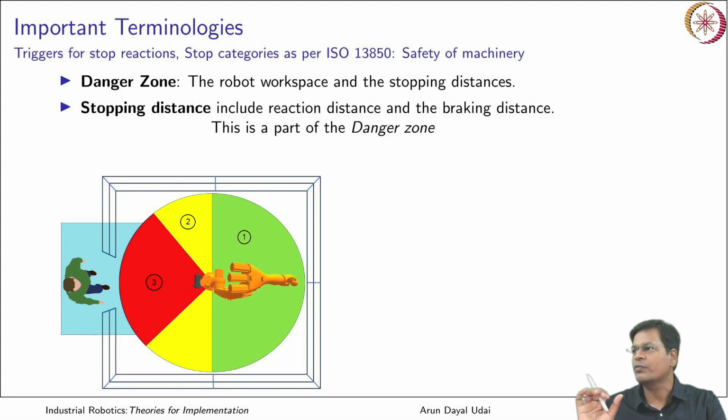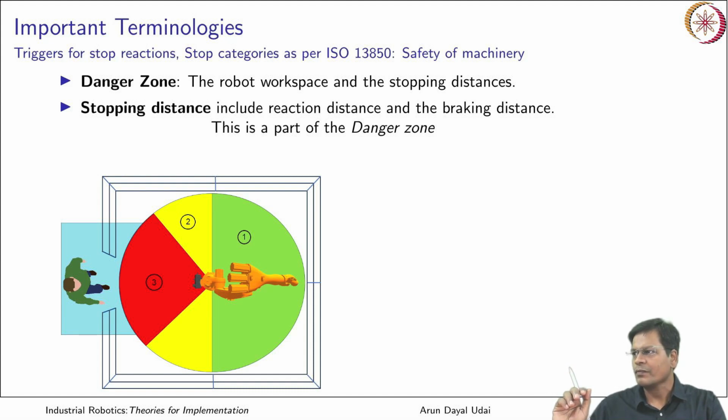So this is part of the danger zone. Apart from the robot workspace, the stopping distance is completed. Whole of that is 1. Stopping distance here is 2. So 1 and 2 together make the complete danger zone.